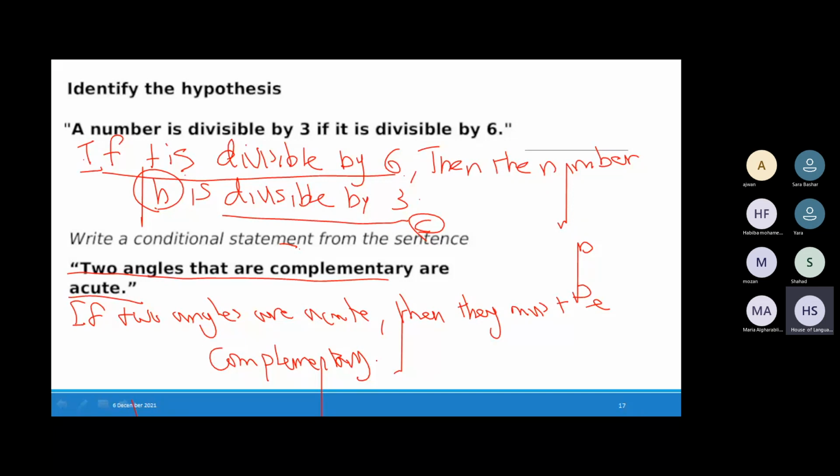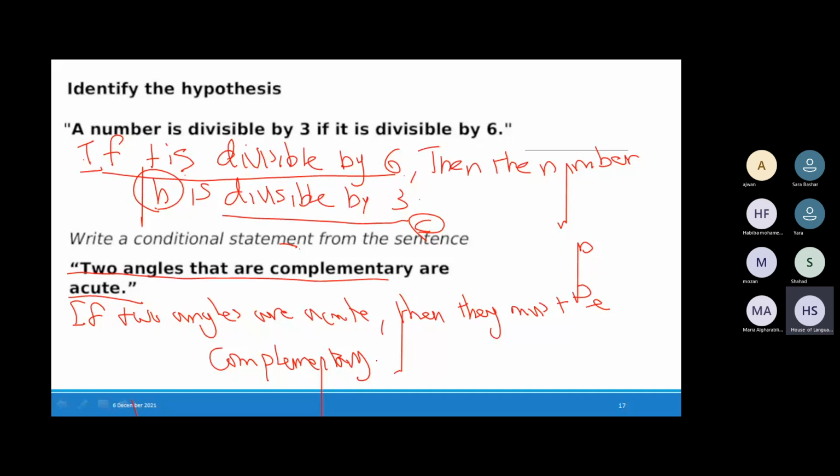Do you have any questions? Okay. You didn't understand? What didn't you understand? Well, you have to think about it. Ask yourself: two angles are acute, then they have to be complementary.